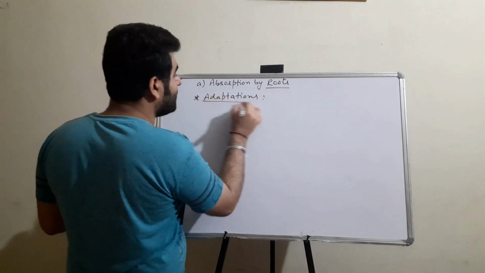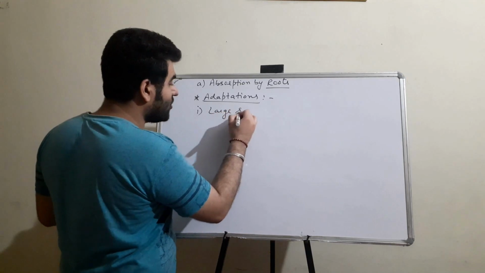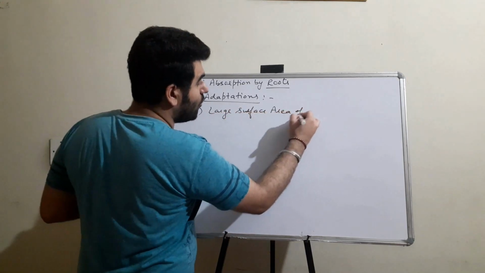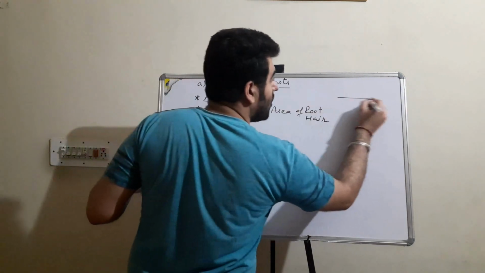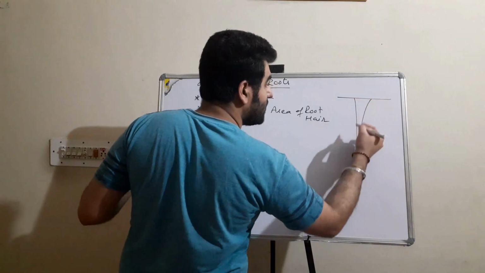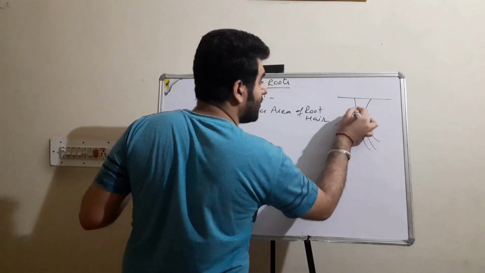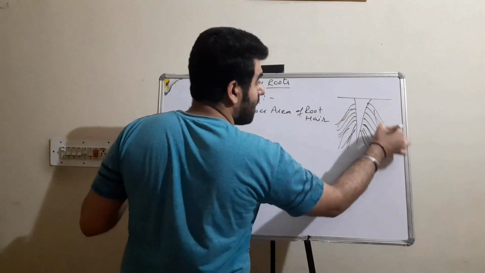The first adaptation is the large surface area of root hairs. If we draw the diagram, if this is a root, this root has numerous very thin projections protruding out. These are known as the root hairs.